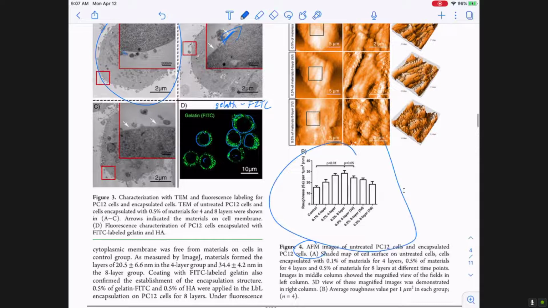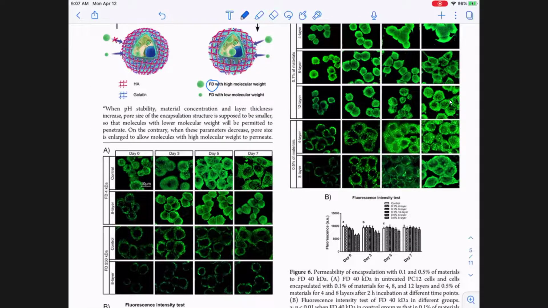Then we discuss, layer by layer, FD, diffusing in or diffusing out. If the mesh is very dense, the bigger molecules cannot go inside, and a small molecule can. That's the FD.